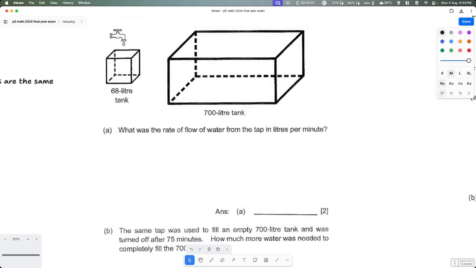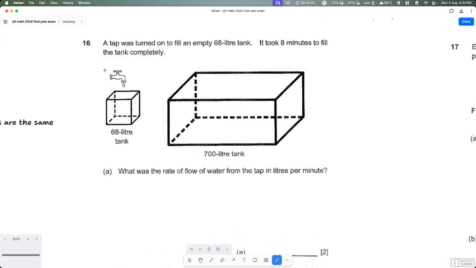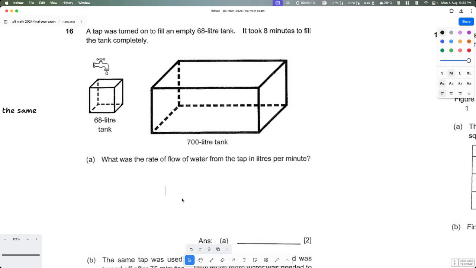Question number 16. All right. So a tap was turned on to fill an empty 68 liters tank. It took 8 minutes to fill the tank completely. What was the rate of flow? Okay. So 8 minutes to fill up 68 liters. So per minute, 1 minute is equal to 68 divided by 8.